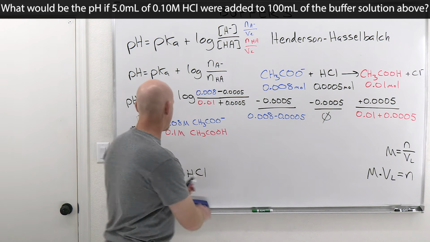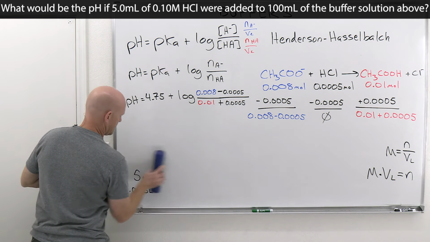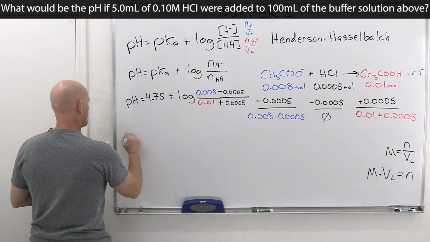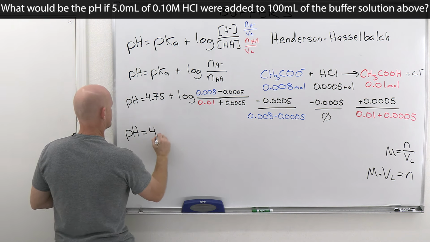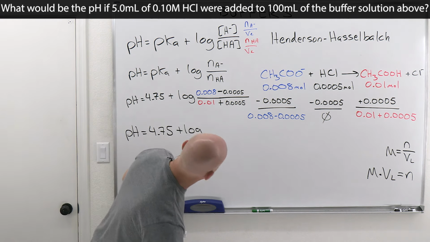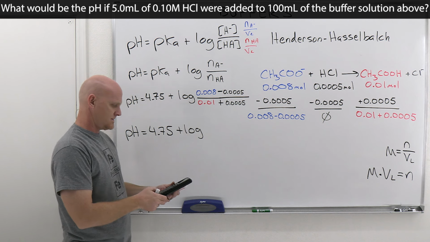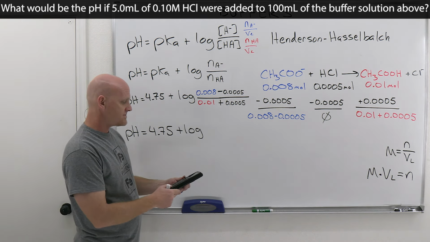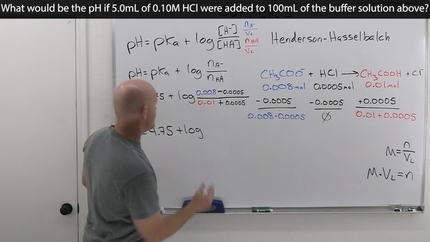And notice, let's just write it out one more time before we actually do the plugging and chugging. So we got pH equals 4.75 plus log, and in this case, 0.008 minus 0.0005 is 0.0075 on top.